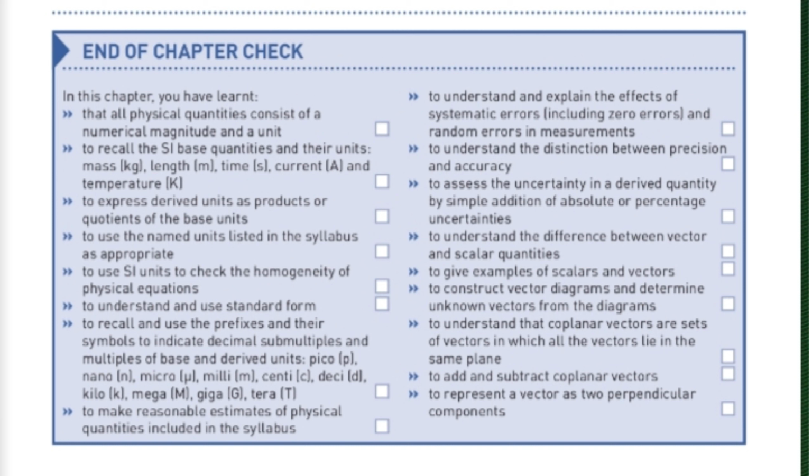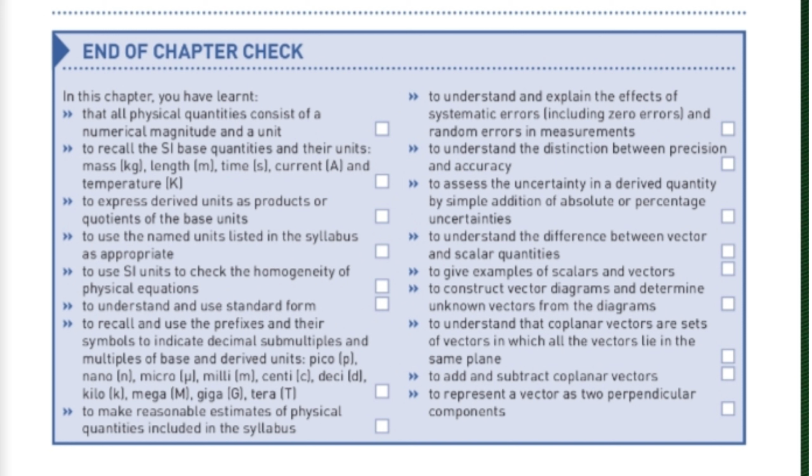In this chapter, you have learned that all physical quantities consist of a numerical magnitude and a unit. To recall the SI base quantities and their SI units: mass, kilogram; length, meter; time, second; current, ampere; and temperature, kelvin. To express derived units as products or quotients of their base units. To use named units listed in the syllabus as appropriate.